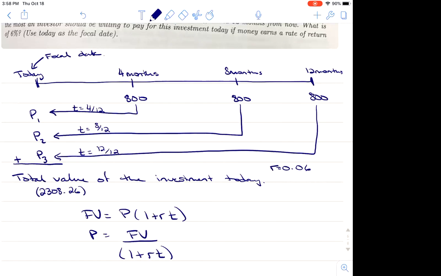So 784 whatever is worth $800 in 4 months. So those are equivalent. Sometimes, but we'll see future values too. Yeah, we'll see others too.